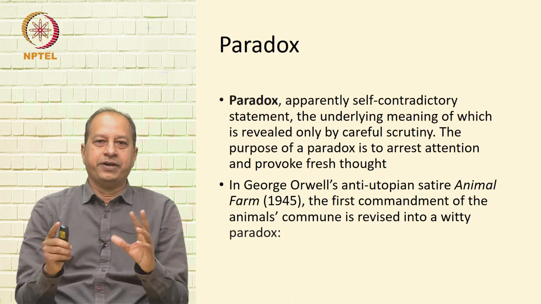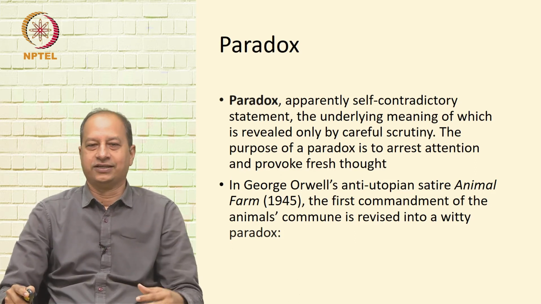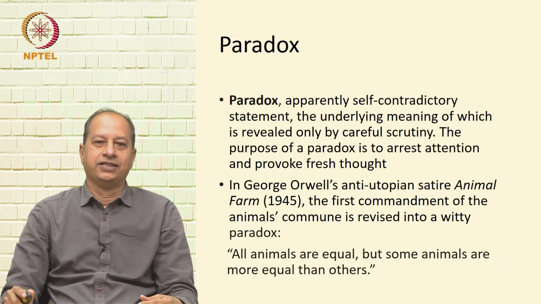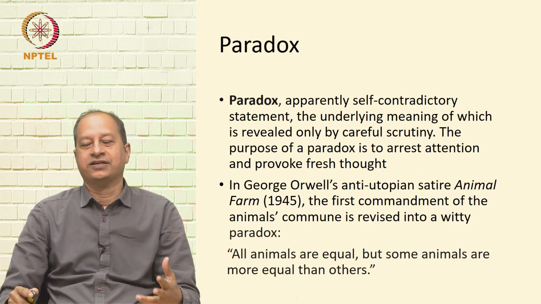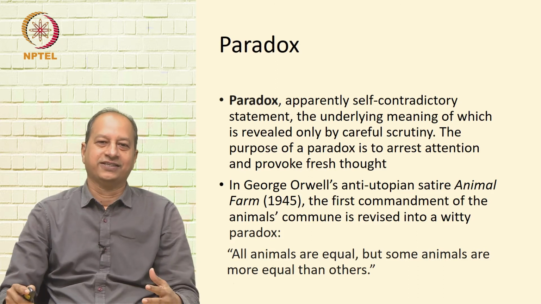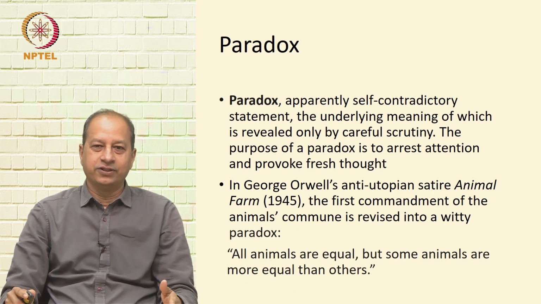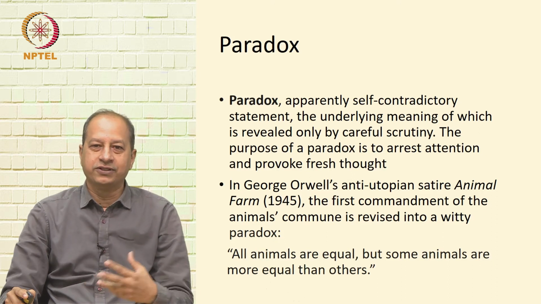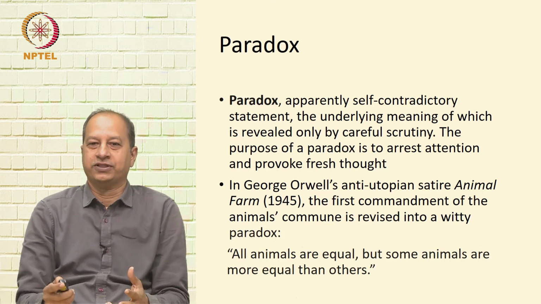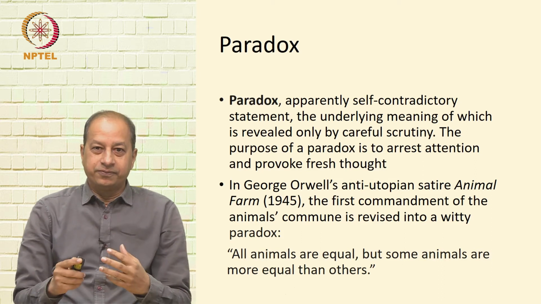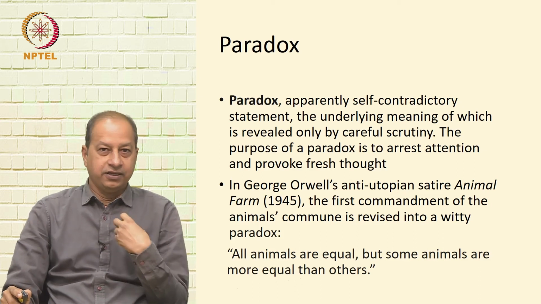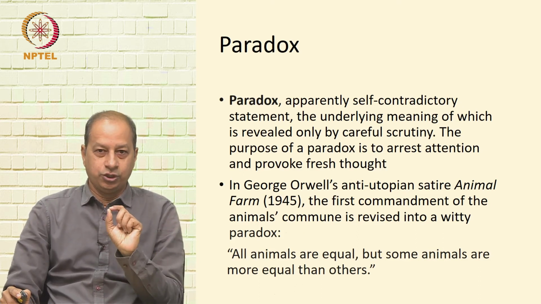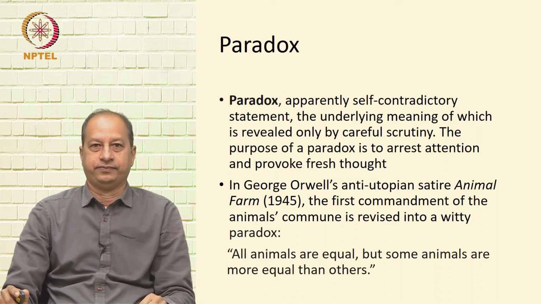There is a paradoxical statement that occurs in that book, and that reads this: all animals are equal, but some animals are more equal than others. So this is highly paradoxical in nature. If all animals are equal, then how can some animals be more equal than others? But we know how some animals are more equal than others. So that's a paradoxical statement. So that's the power of paradox, because it drives us towards the core of an issue.